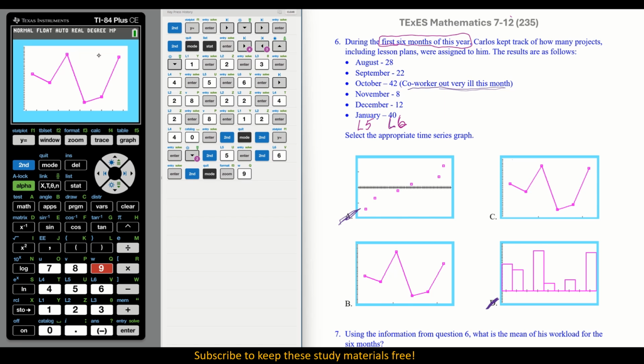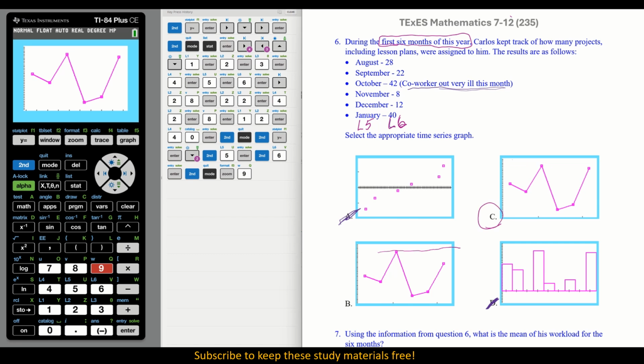You can see that the very top data point is just barely above the very right one. So if we look here and look at the difference, see that? It has to be C.